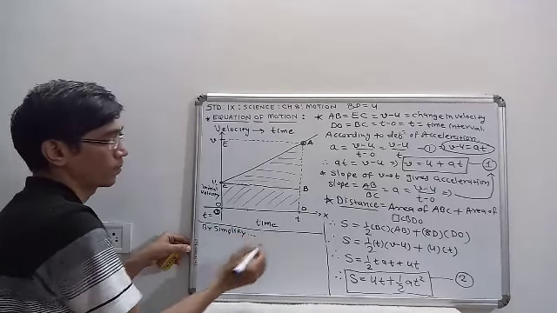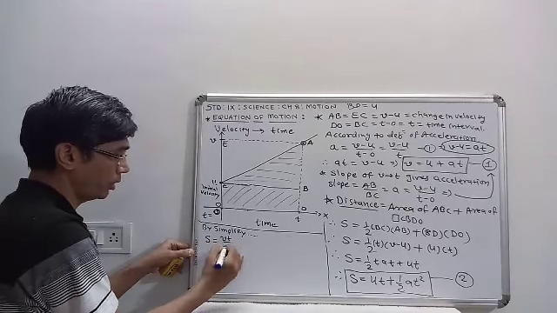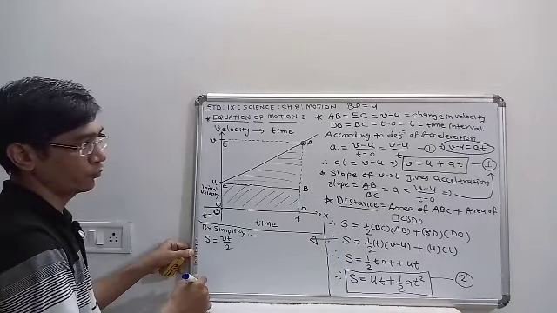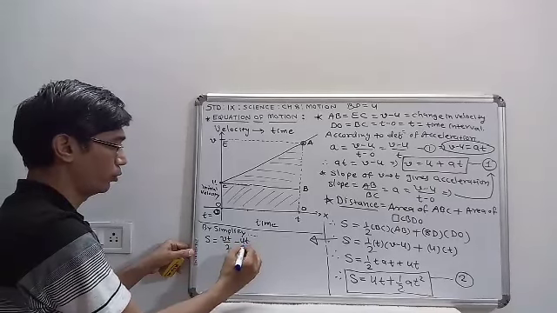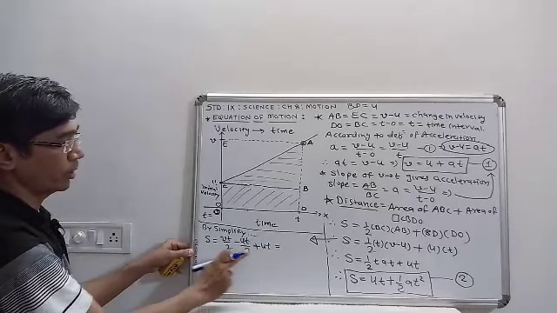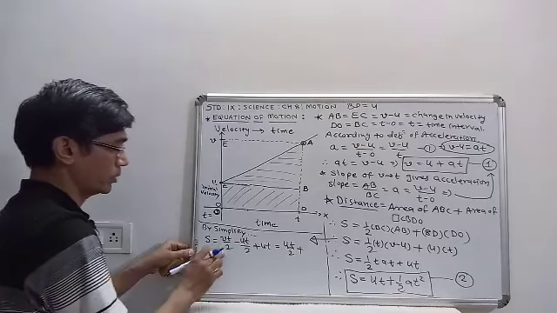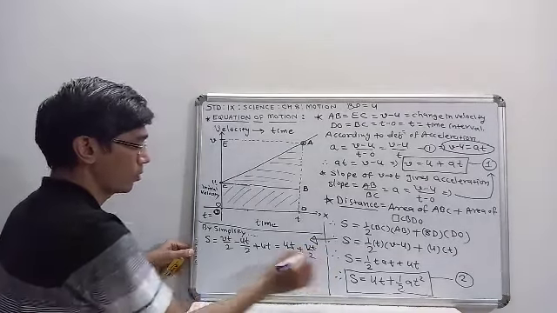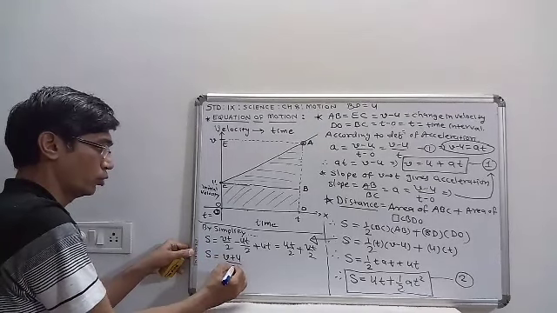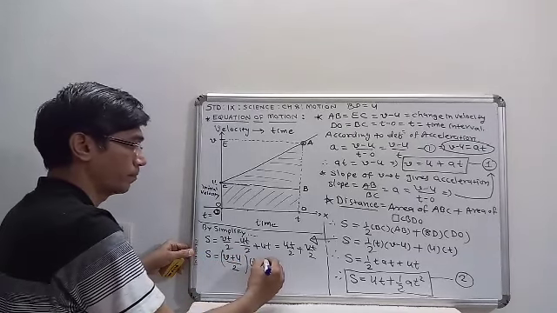By simplifying we get s is equal to vt upon 2 minus ut upon 2 plus ut. So ut minus ut by 2 is ut by 2, plus vt upon 2. So in general s is written as (v plus u) upon 2 into time t.